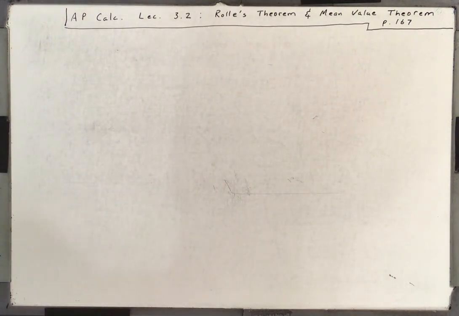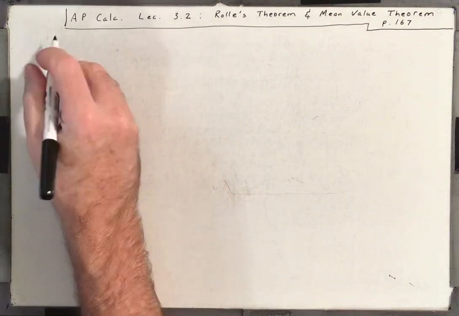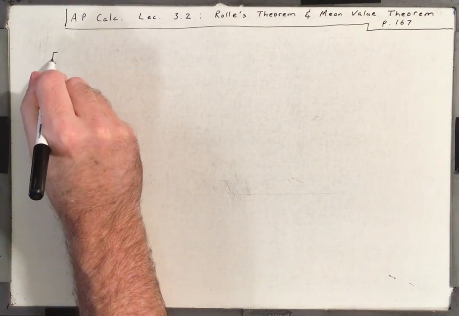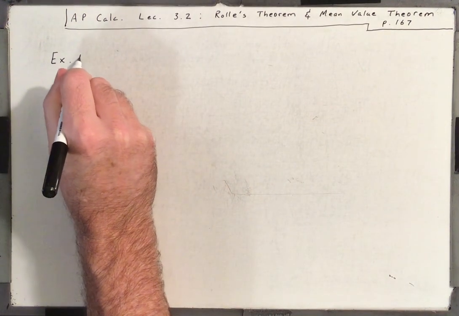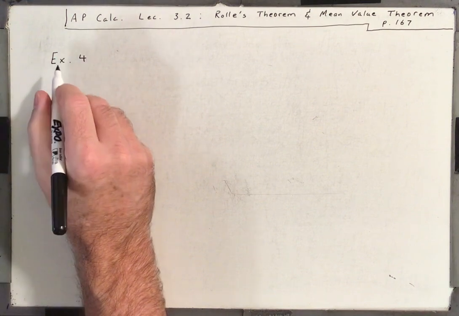So what I'm going to do is work 2 examples from the book for each of these theorems. So the first 2 are Rolle's theorem. And we're going to look at example 4 on page 167.